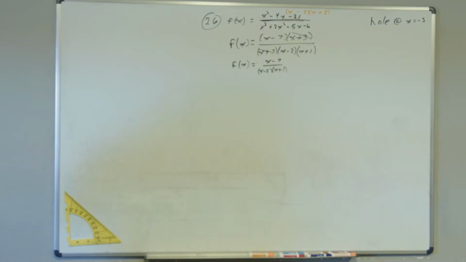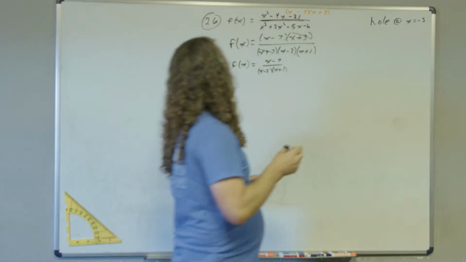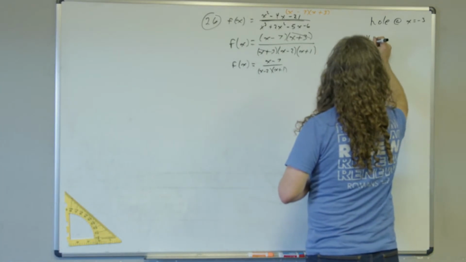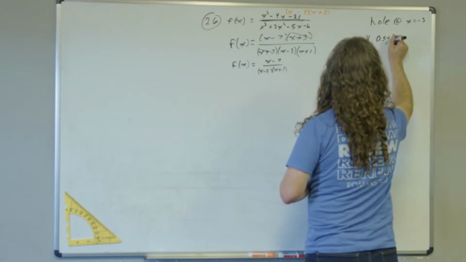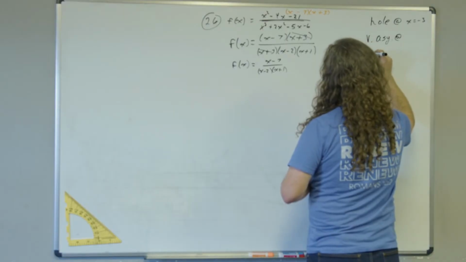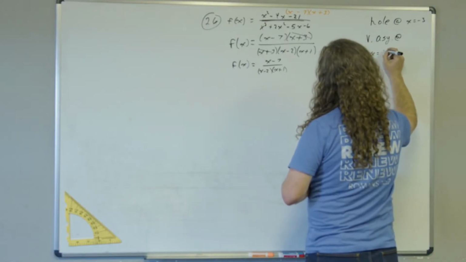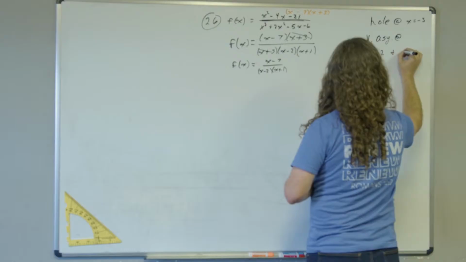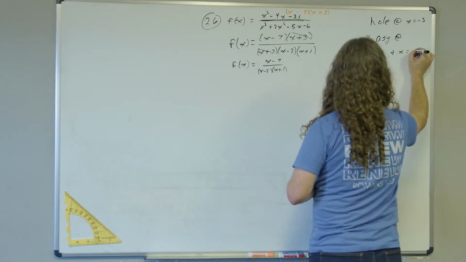Let's start with the obvious one. Yes, there are vertical asymptotes. Where are they? It has vertical asymptotes at x equals 2 and x equals -1.